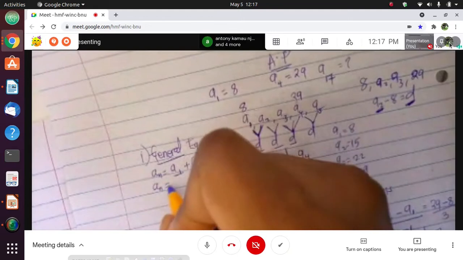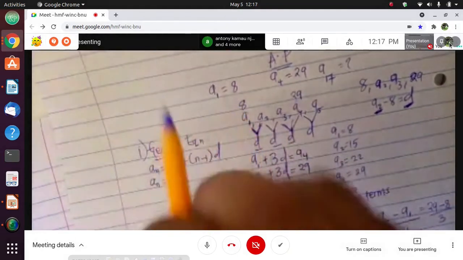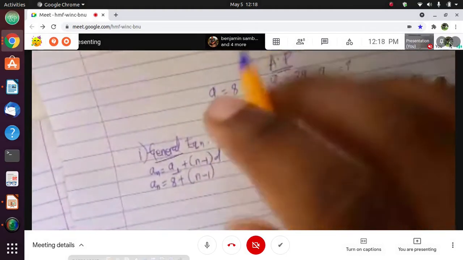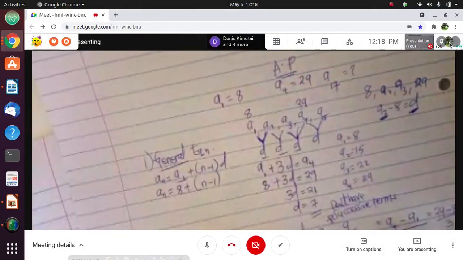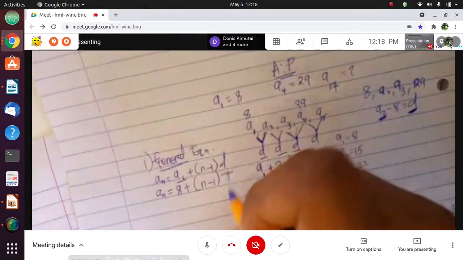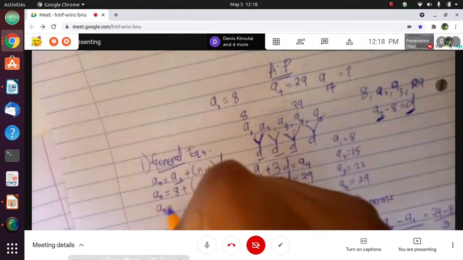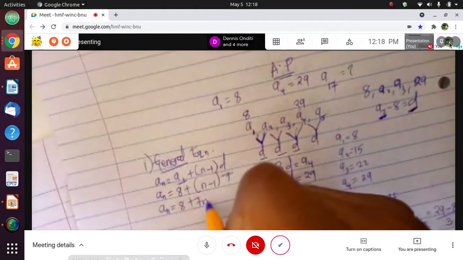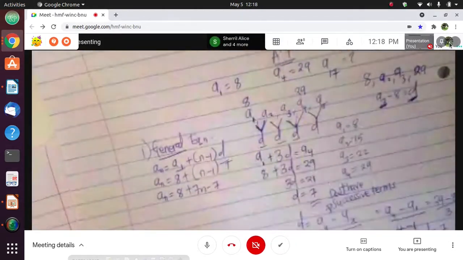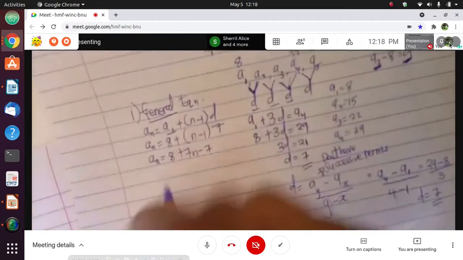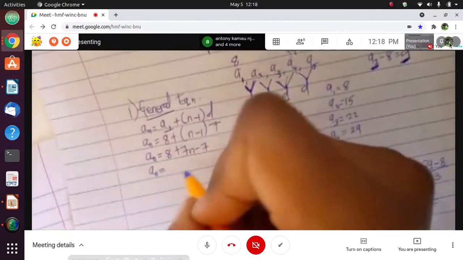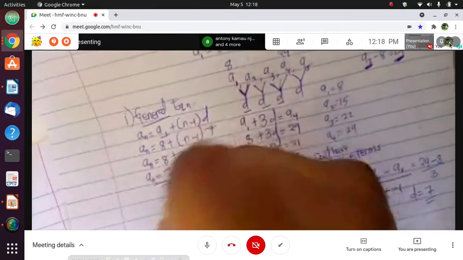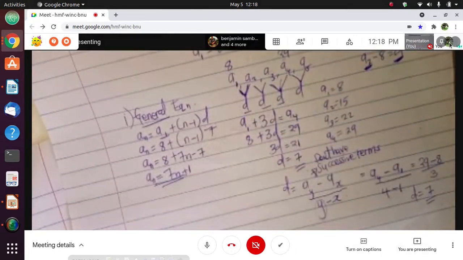So an is equal to, A1 was 8, so 8 plus n minus 1, and the common difference we have calculated and found it to be 7. Therefore, the general equation of our sequence is 8 plus 7n minus 7. And when you simplify this, inakuwa 7n plus 1. This is the general equation of our sequence.